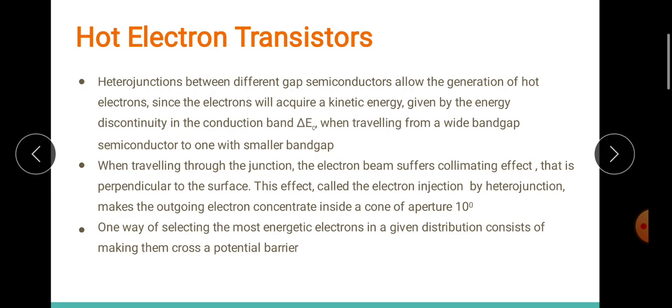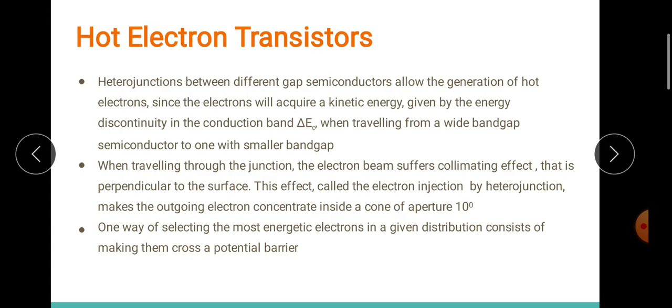We have a change in the conduction band, delta EC, and a change in the valence band energies, delta EV. Whenever there is this discontinuity in energy levels, the electrons will acquire some kinetic energy when they travel from the semiconductor of a wider band gap to the one with a smaller band gap. So, heterojunctions, in fact, nourish the hot electrons because of the change in band gap energies.